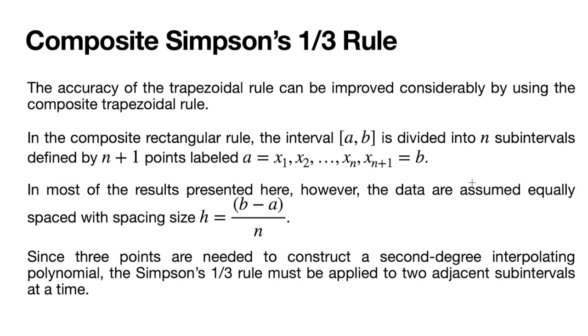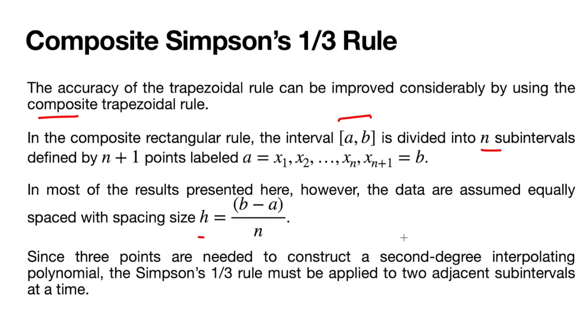The accuracy can be improved similarly to the trapezoidal rule by using the composite method. In a similar manner we will divide the interval into n subintervals, and this is the h value.